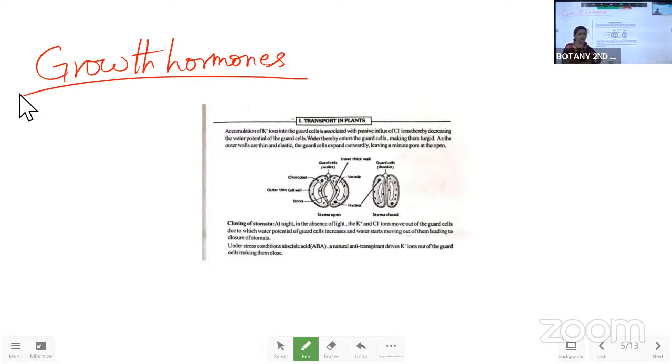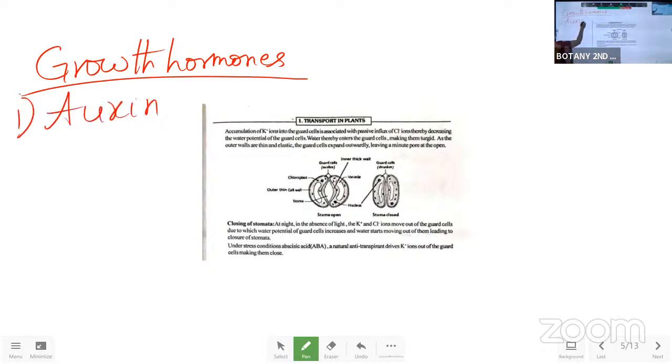In the March exam, you have seen they have given seed dormancy, isn't it? So now we can expect one question of that type, and otherwise only questions based on the hormonal actions. So the first one is for the auxins.